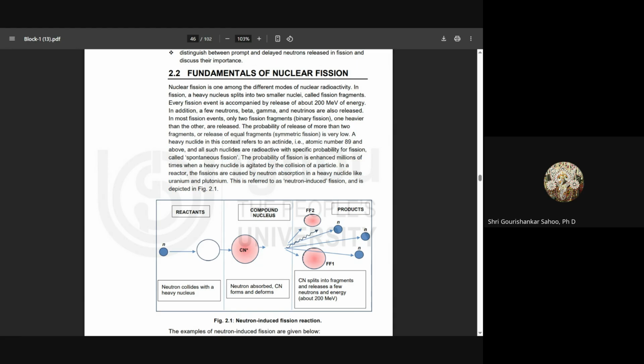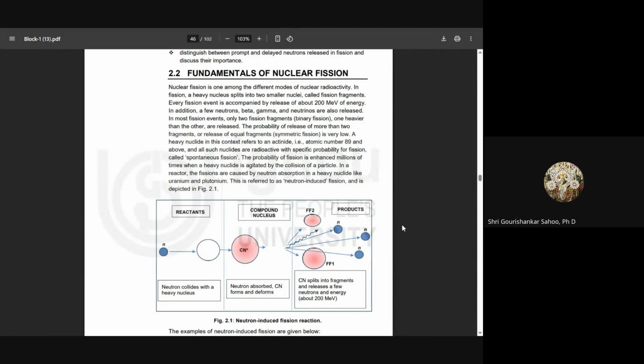The probability of fission is enhanced millions of times when a heavy nuclide is agitated by the collision of a particle. In a reactor, the fissions are caused by neutron absorption in a heavy nucleus, and the examples are uranium and plutonium fission. These are called neutron-induced fission, as a neutron is involved in the fission reaction.